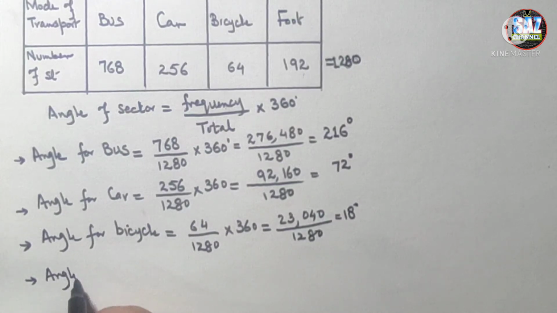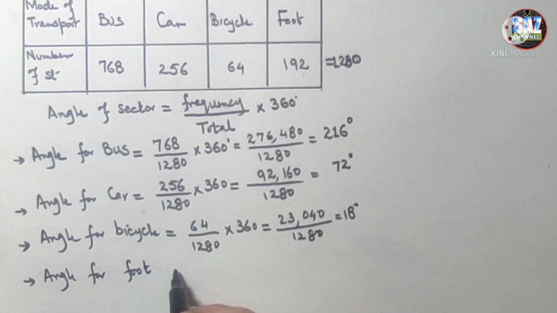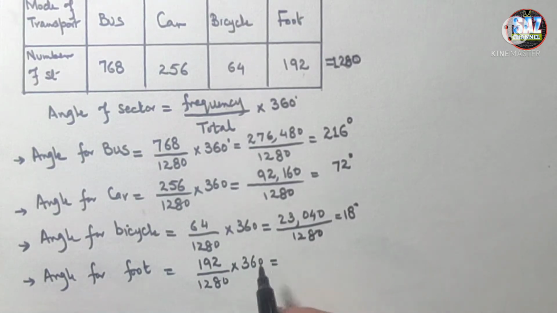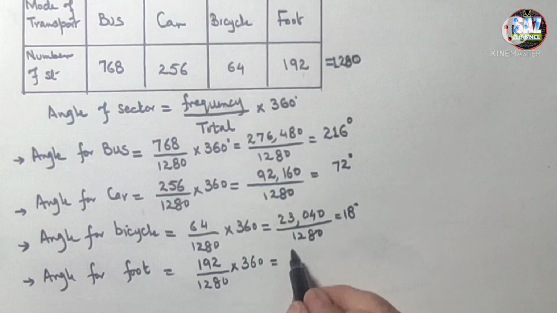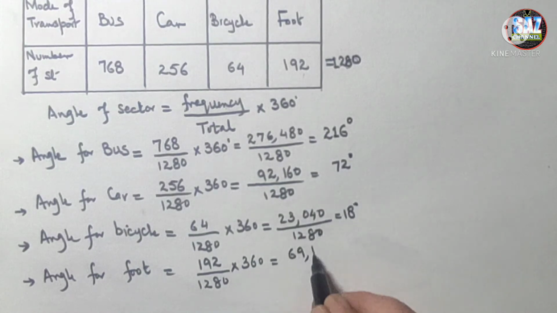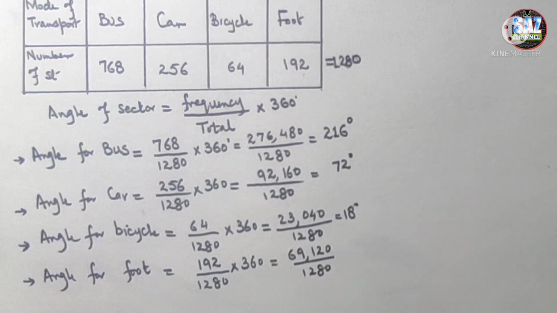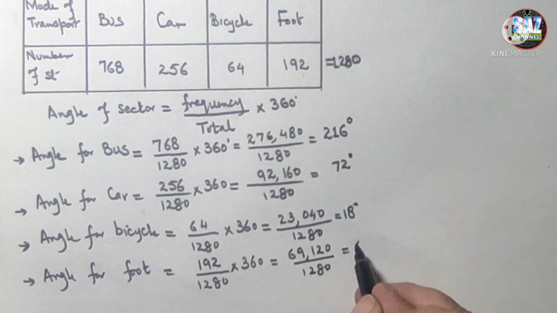And now the last one is the angle for the people who come by foot: 192 divided by 1280 multiplied by 360. 192 multiplied by 360 is 69,120, divided by 1280, and this gives me 54.